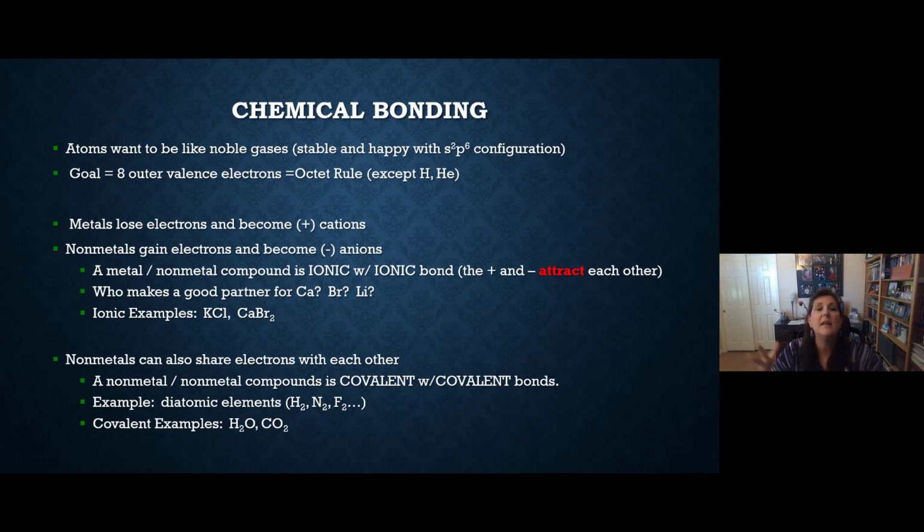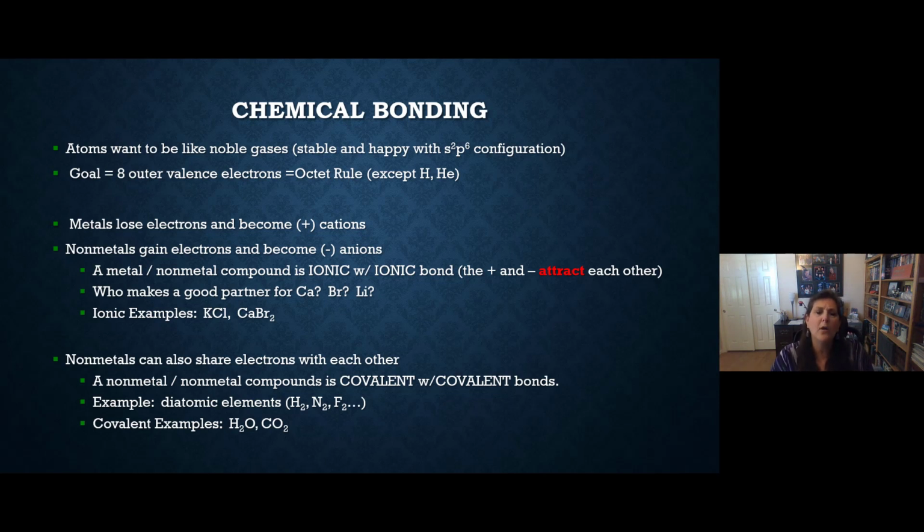They gain negativity, so they become negatively charged anions. A metal and a nonmetal have opposite charges once they're ions. Pluses and minuses attract. Opposites attract. So metals and nonmetals tend to stick together, and we call this ionic bonding, and it makes an ionic compound.